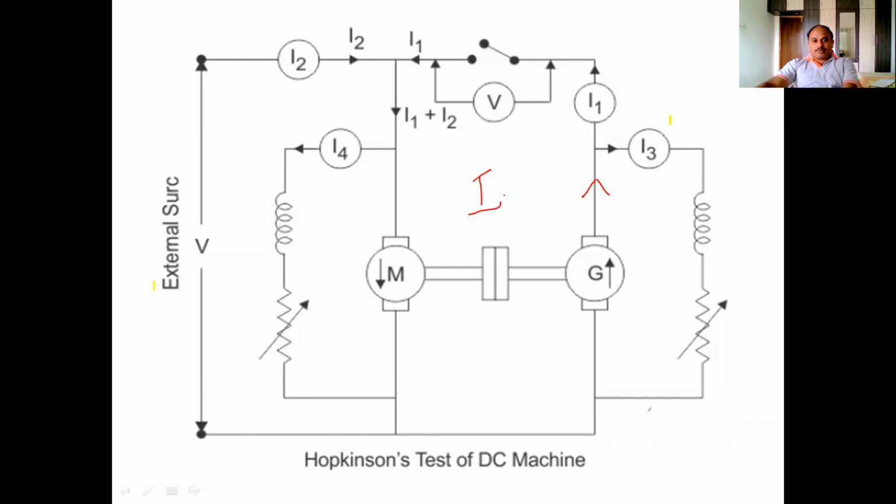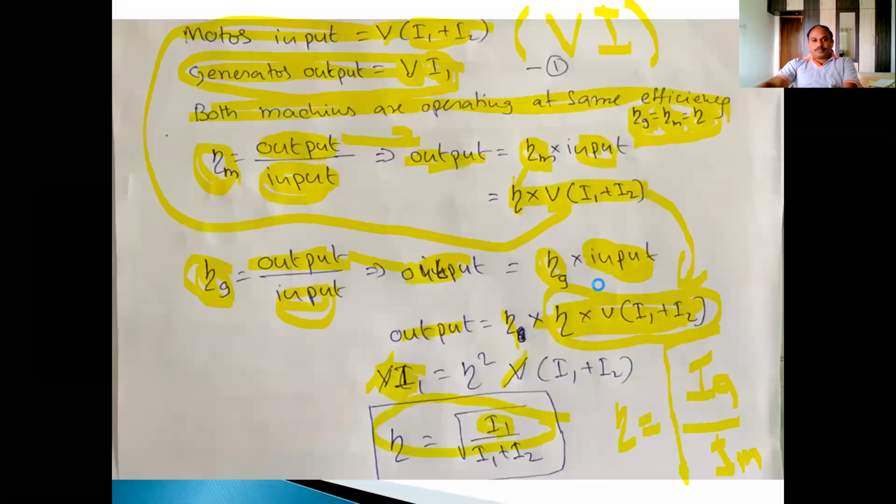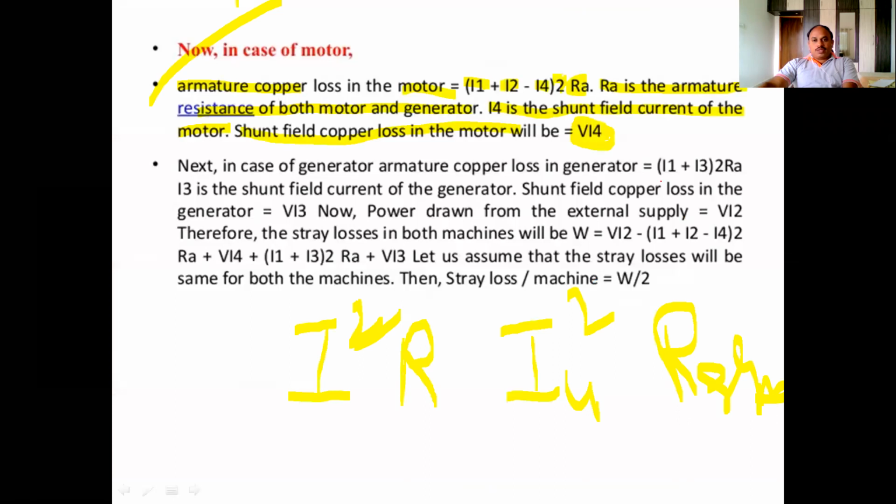So the armature copper loss is (I1 plus I3) squared into the armature resistance, where I3 is the shunt field current of the generator.